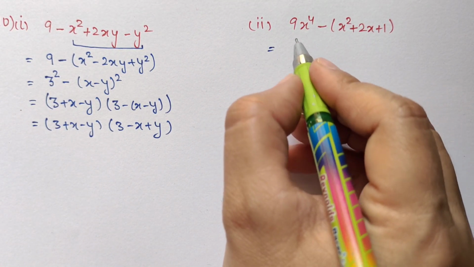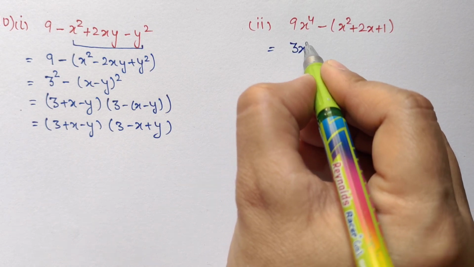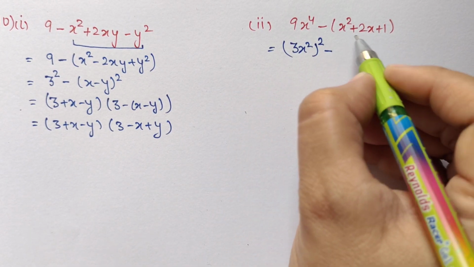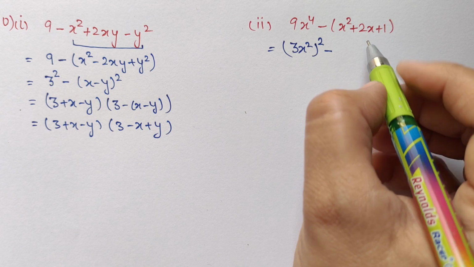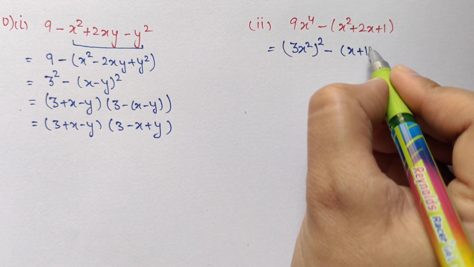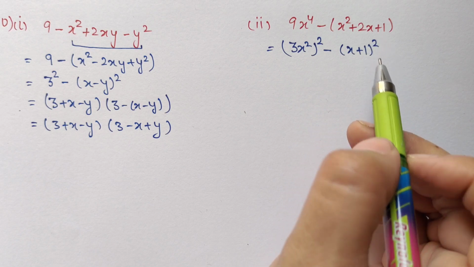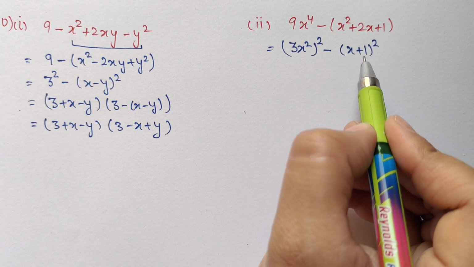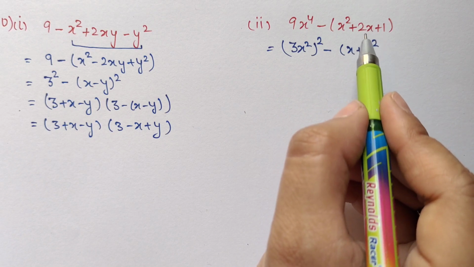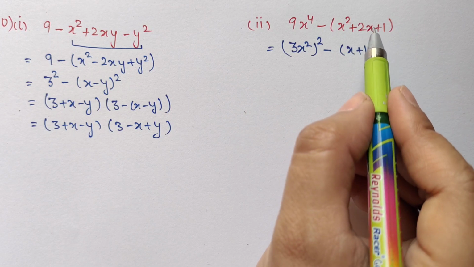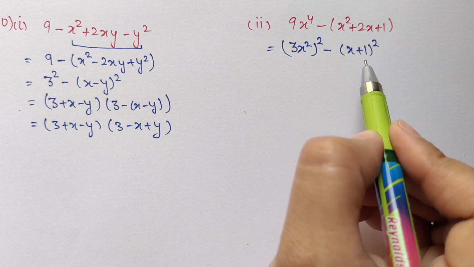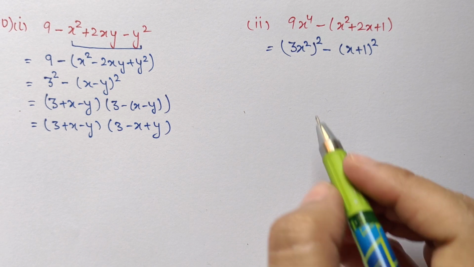Same thing we have to do in the second part. 9x⁴ we can write as (3x²)², and this second bracket we can write as (x + 1)². The (a + b)² formula we are using here. If we expand it, we will get x² + 2x + 1. So we can write it like this also. We are only changing the form.